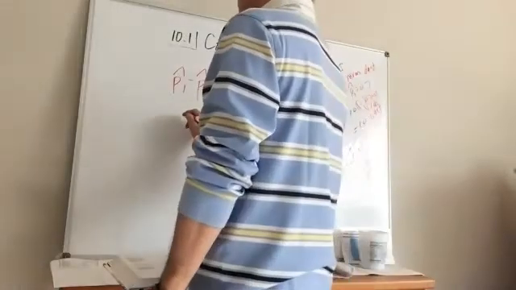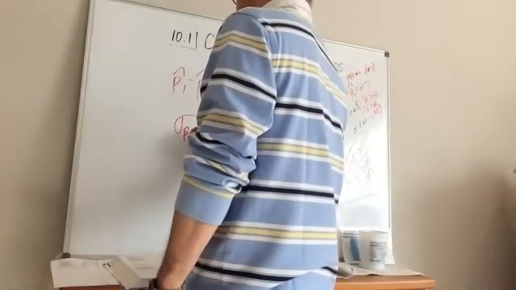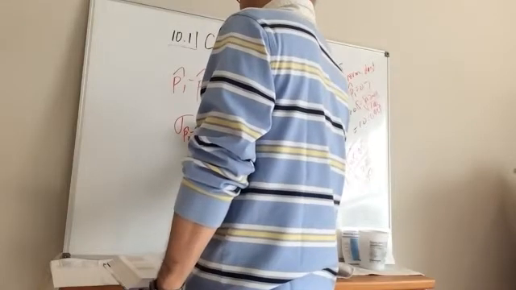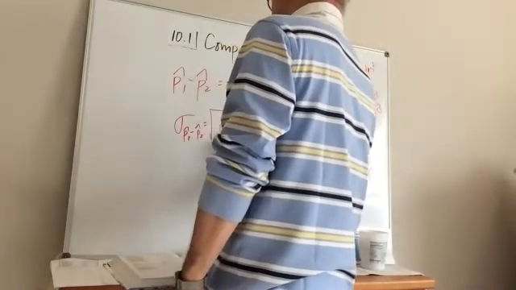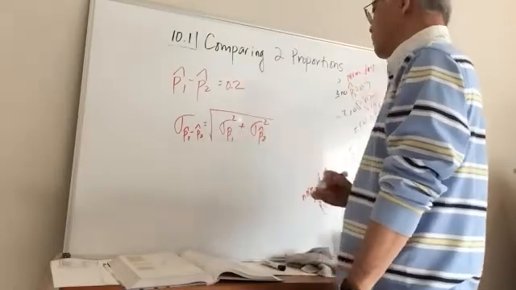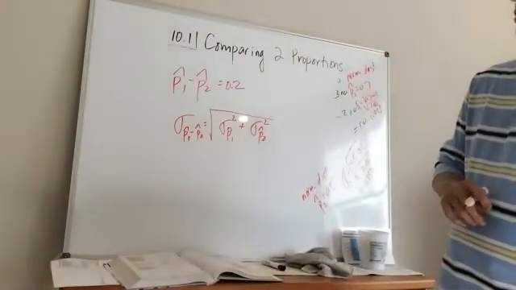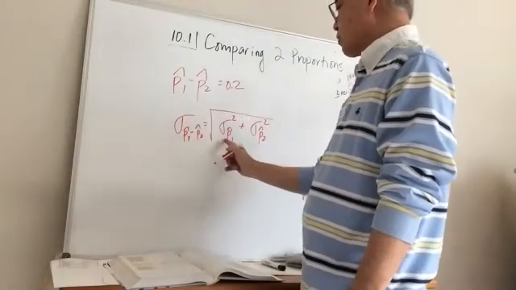And if you remember correctly, the sigma of differences was what? Isn't this the square root of sigma p̂1 squared plus sigma p̂2 squared? You guys remember this? In other words, if I square both sides, I get this squared is this squared plus this squared.